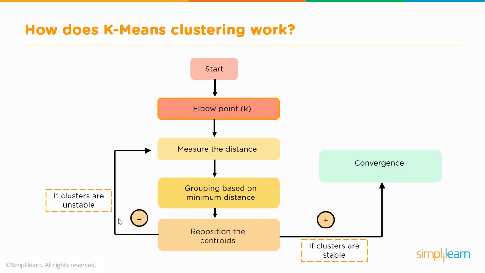So as long as there is a movement of the centroid, this iteration keeps happening. But once the centroid stops moving, which means the clustering process has converged, that will be the end result. So now we have the final position of the centroid and the data points are allocated accordingly to the closest centroid.